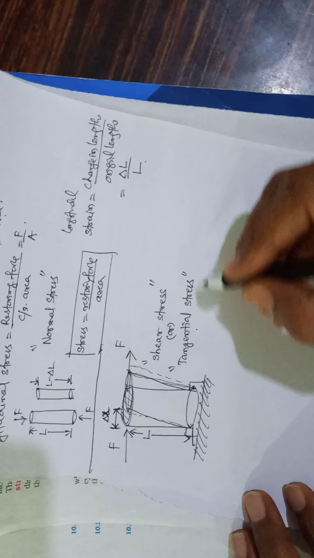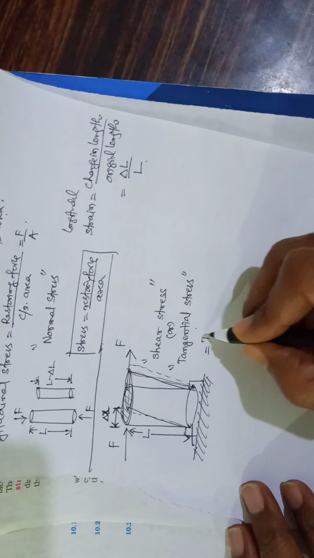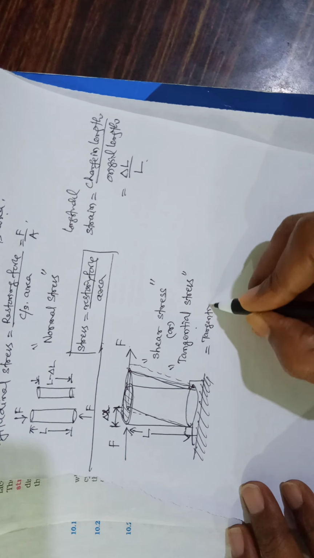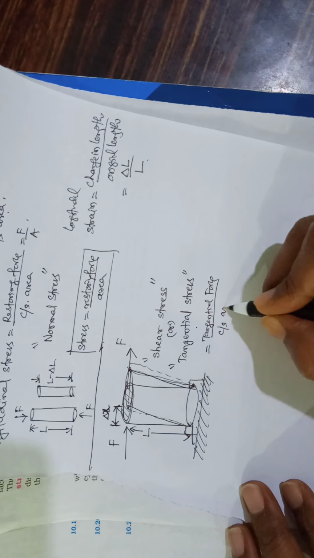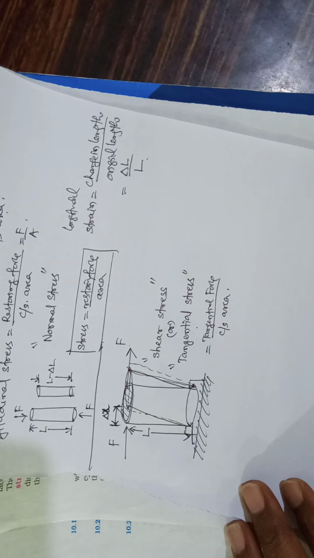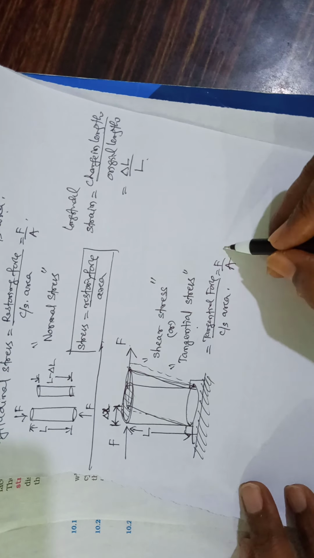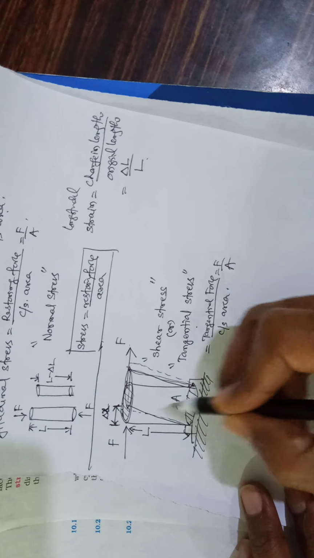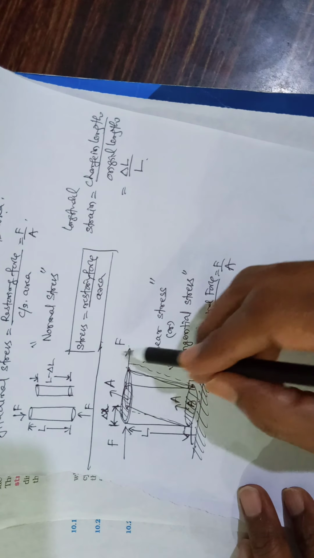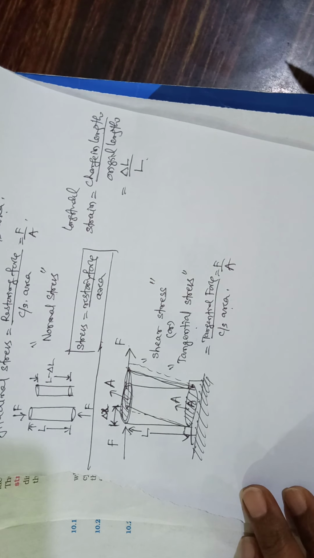The tangential stress is measured as tangential force by cross-sectional area, F by A. Here this area is A, and here also. In both cases the area is same. So tangential force by cross-sectional area gives you shear stress or tangential stress.